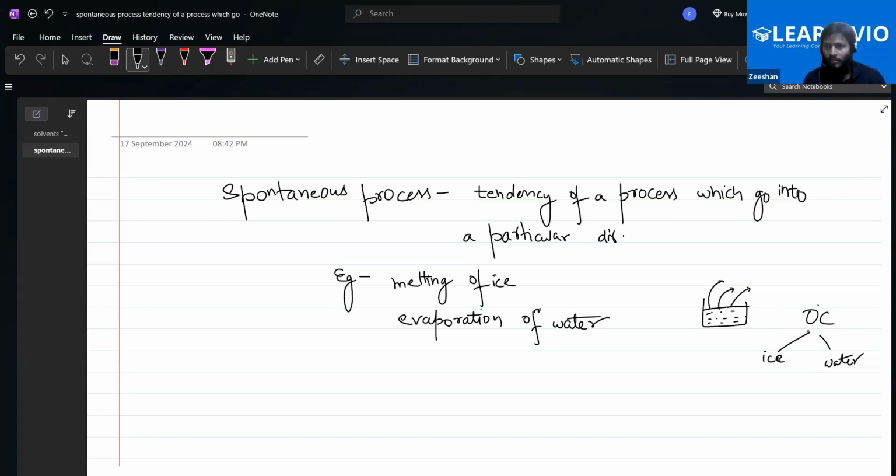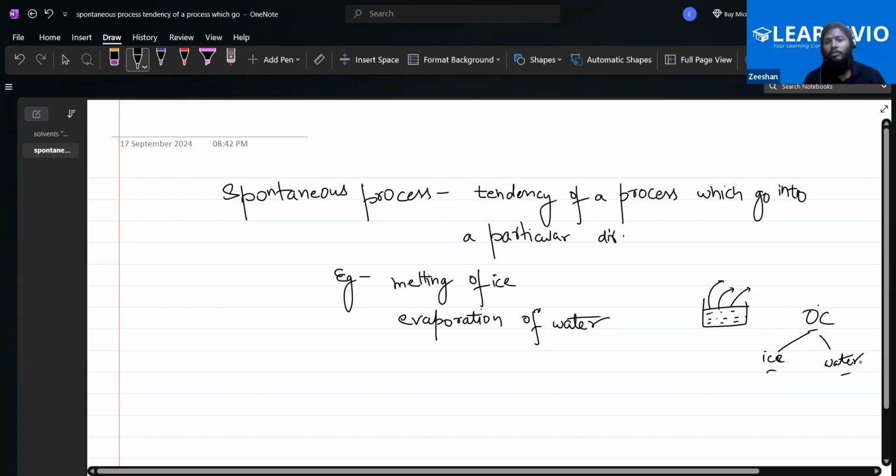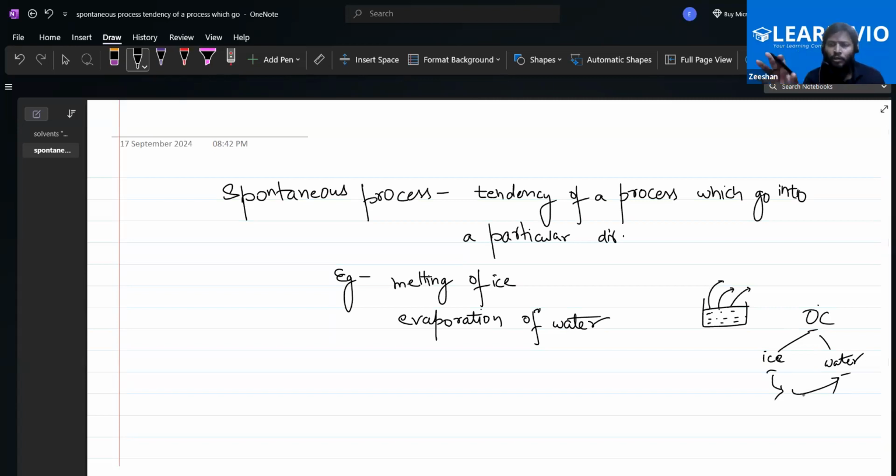Like at 0 degrees Celsius, ice and water both exist, but if you extract more heat, it will become ice, and that heat is called latent heat of fusion. We will study latent heat of vaporization and fusion in later chapters, with numericals also.